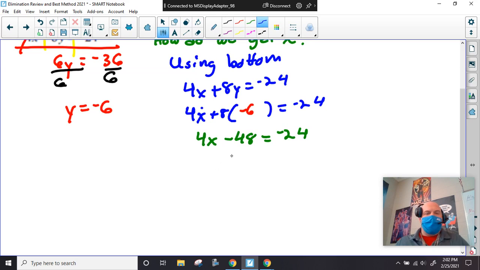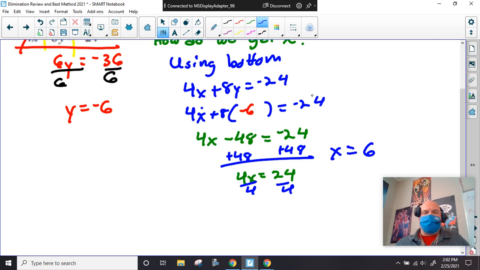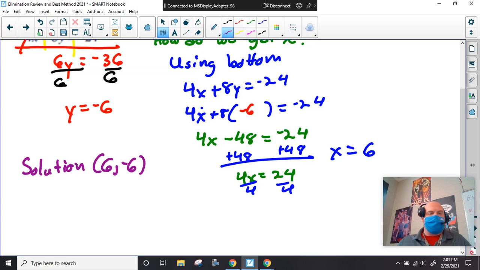We're going to add 48 to both sides, for 4x equals 24. We divide, so x equals 6. Now, our solution for this is (6, negative 6), okay?